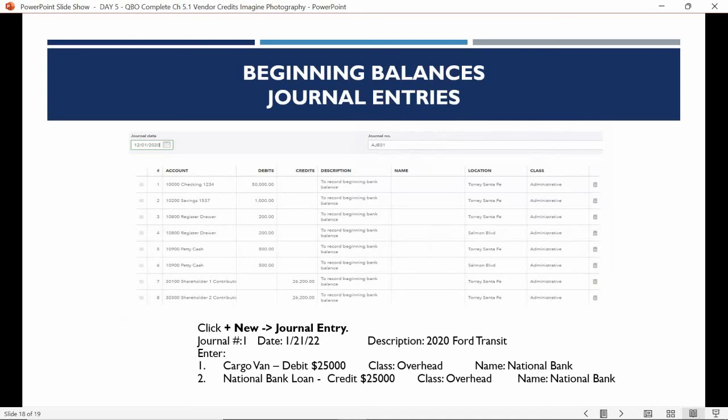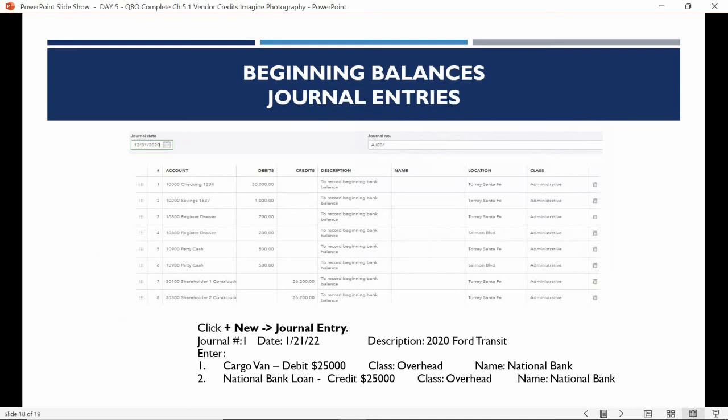Now, there's no form to be able to do that, because I can't use a National Bank loan to pay for something there. There's no form that can tell me to do so. I can't use the expenses. I can't use the write checks feature.